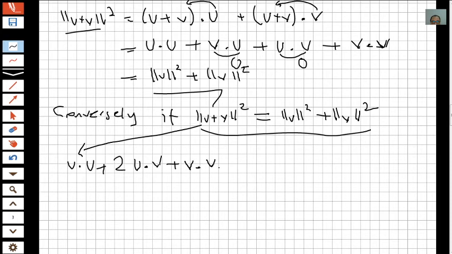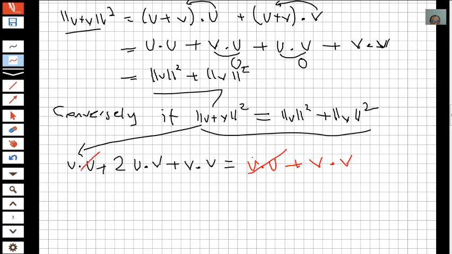V dot product v is equal to the right side. Actually, this one is equal to u dot product u from the definition, and the second one is similarly v dot product v.